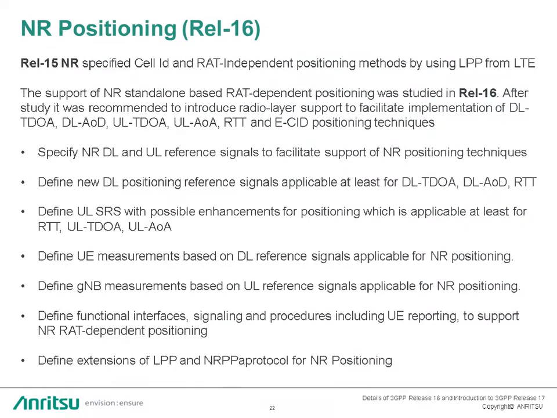Also, UE measurements and gNB measurements based on the uplink and downlink reference signals for positioning were introduced, and different functional interfaces in the network and signaling and procedures were introduced to help the UE to report NR RAT dependent positioning. Also, extensions were done to the LPP and NRPPa protocols for NR positioning.